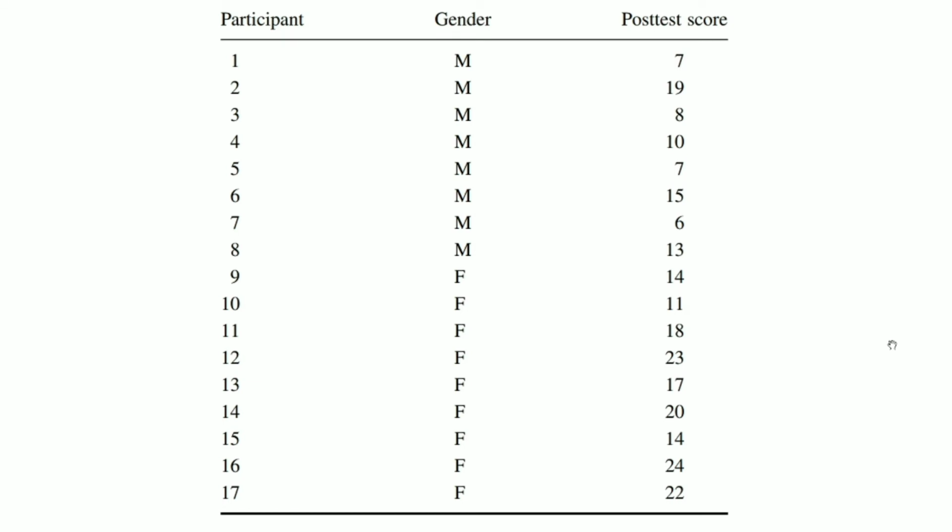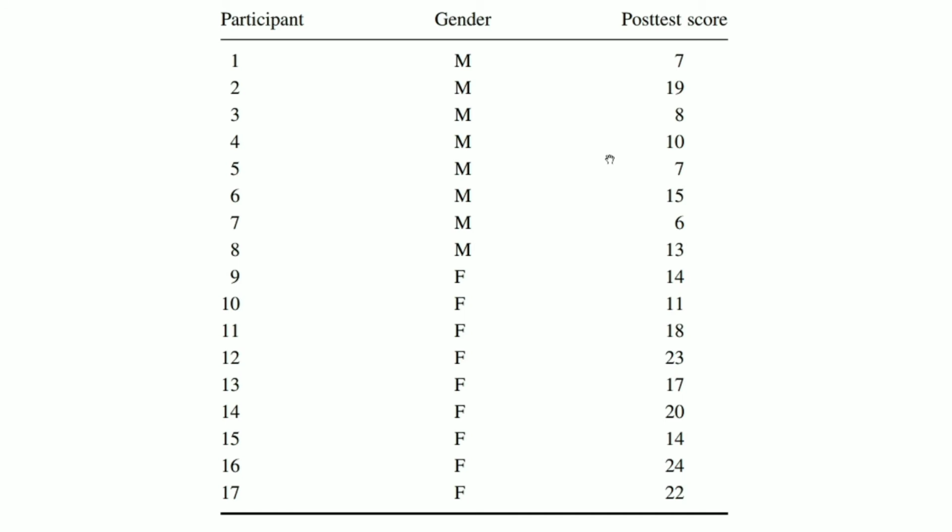Okay, so for the second example, we will test the association using the point biserial correlation. As we can see in the example, we have a dichotomous variable, gender, and we have an interval variable, post-test score.